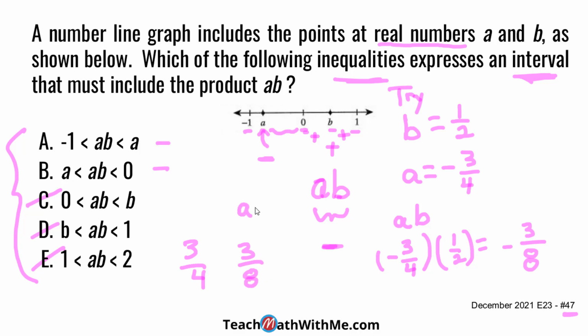This is our product, AB, and this is A, and these are both negative. To compare these two numbers, we can do cross multiplication. 4 times -3 gives us -12. 8 times -3 is -24. -24 is smaller than -12, so we're going to have a less than relationship here.